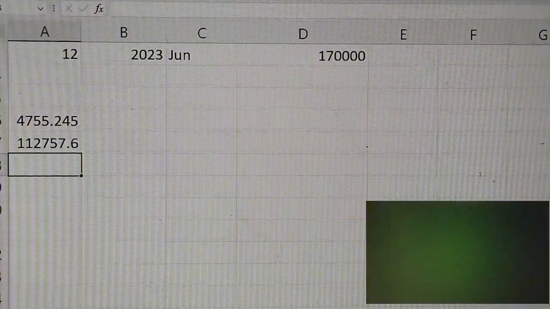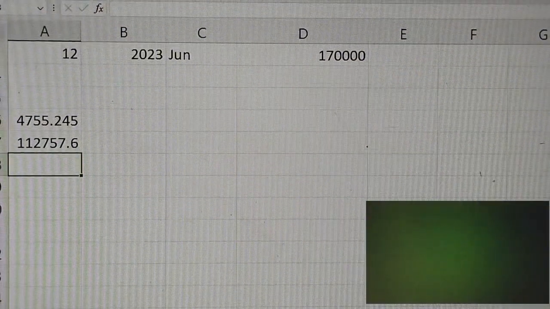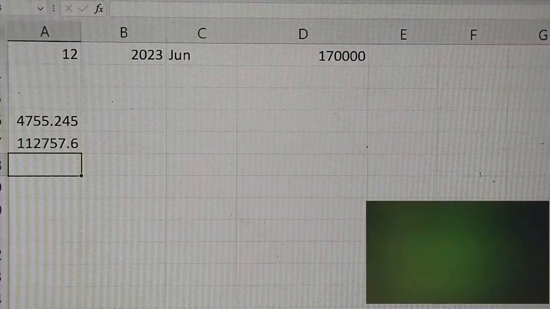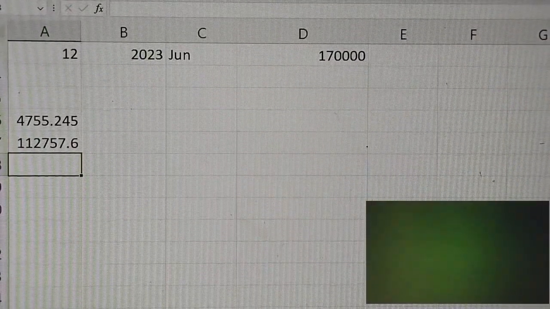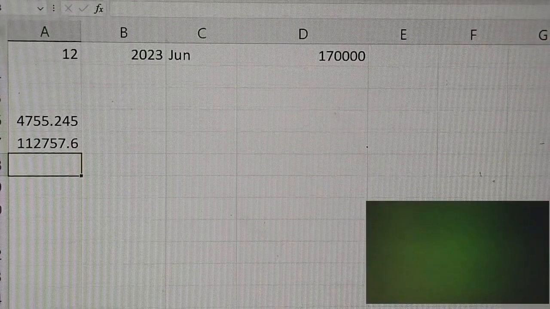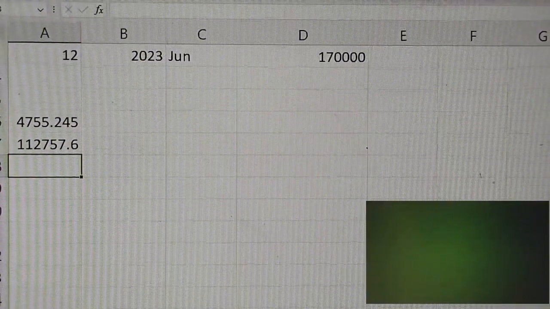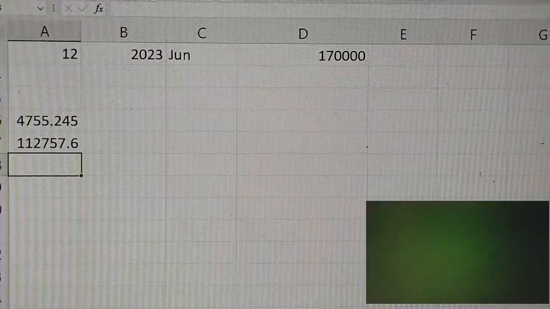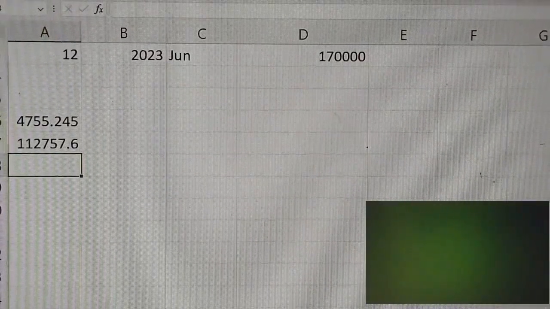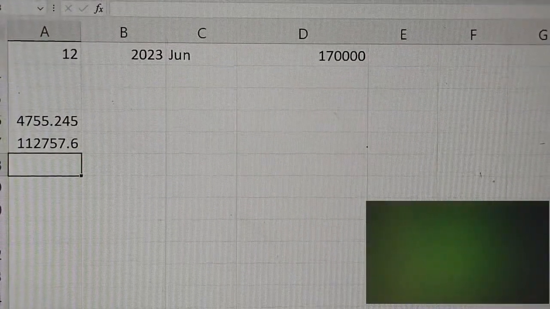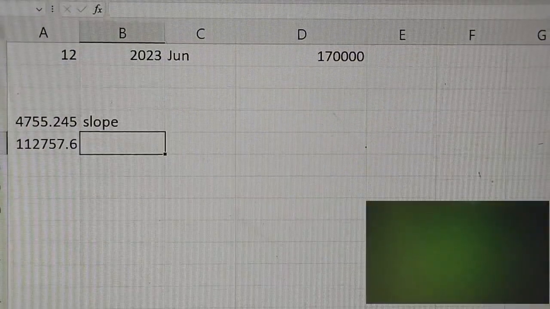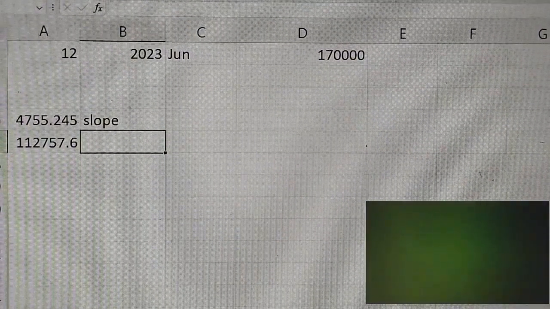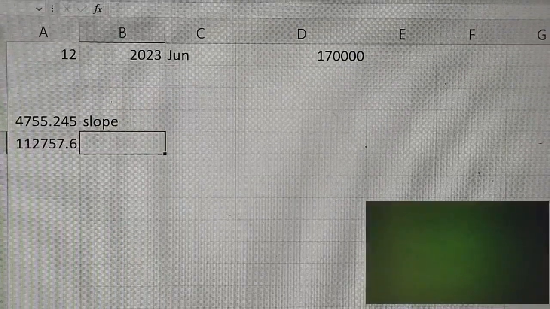Using the Excel tool, I calculated the slope and intercept using the slope and intercept functions. These values were then used to compute the regression equation. Using the regression model, I forecasted the sales for the next 6 months.